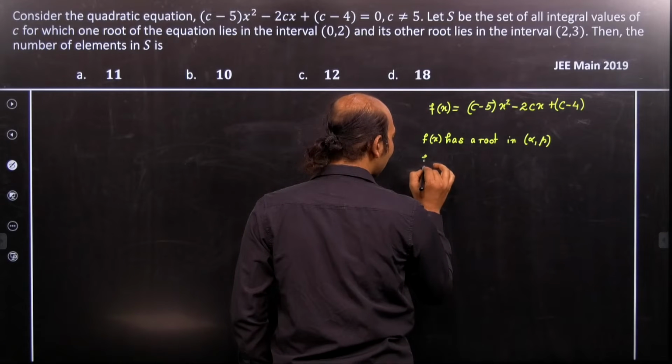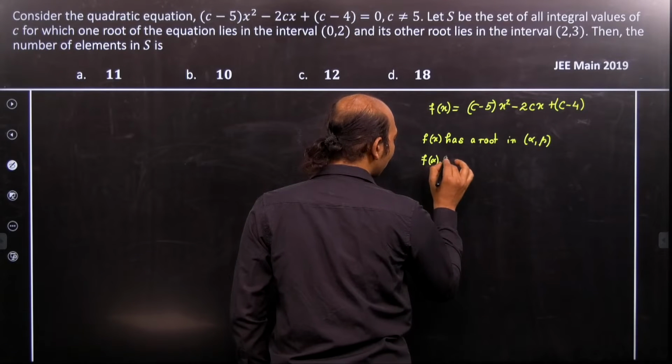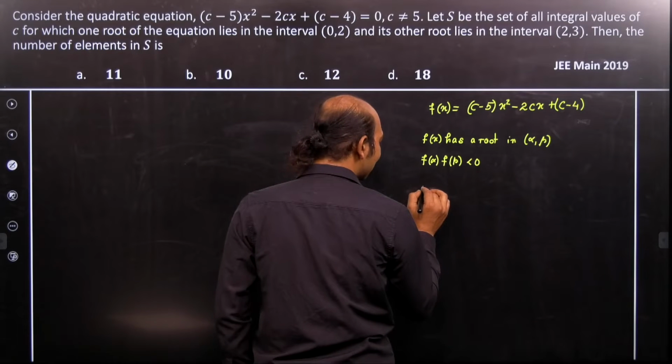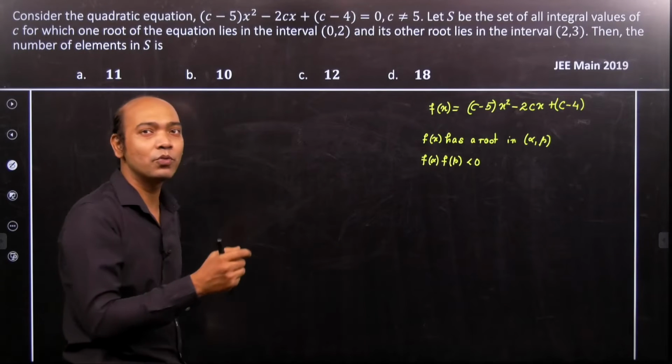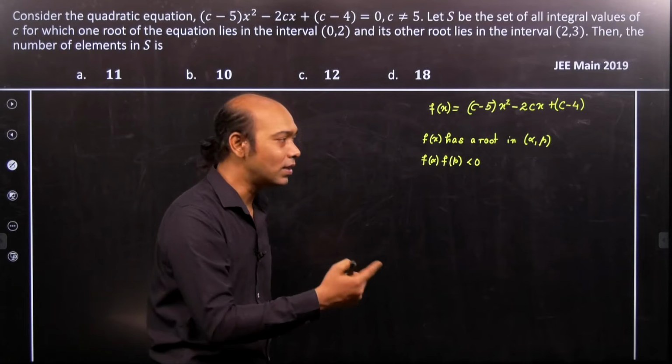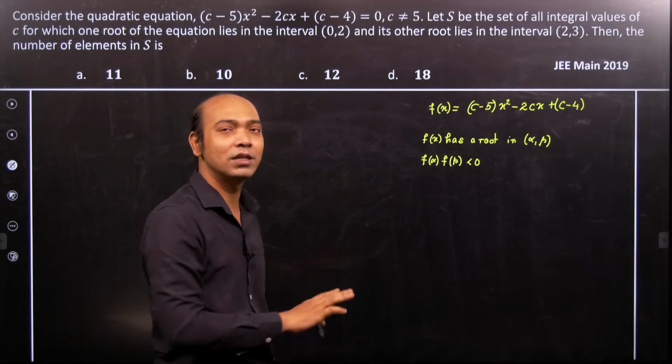The condition is that f(alpha) multiplied by f(beta) must be less than 0. Now here it's given that the function has a root in the interval, obviously 0 to 2 or 2 to 3. So the same condition needs to be satisfied.